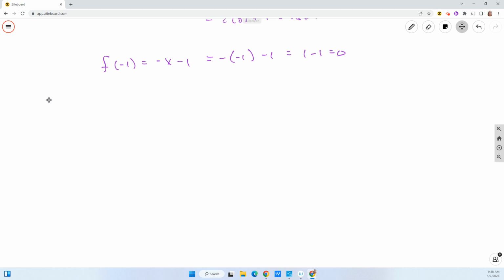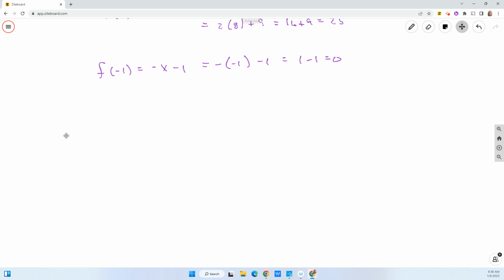So if we're going to graph one of these, we still have those parameters, right? We've got these sections that we have to figure out.